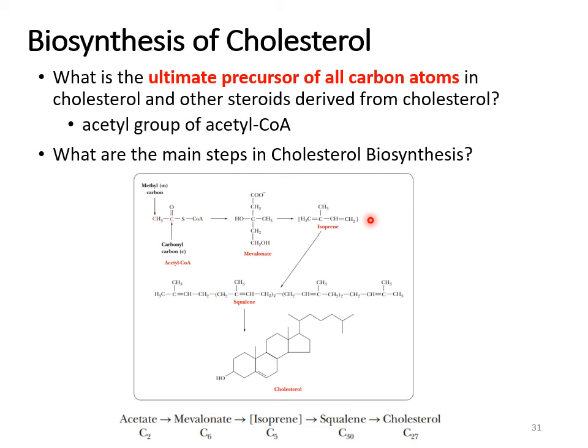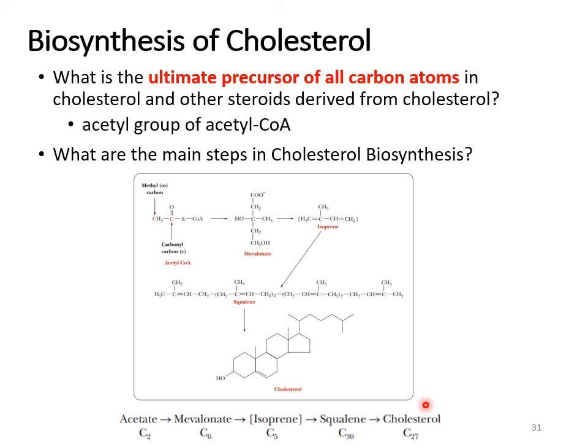And then you see the isoprene units condensing to form squalene. And from squalene, you then get the conversion into the 27-carbon atom cholesterol. So you see that you've gone down to the C27 over here with cholesterol.